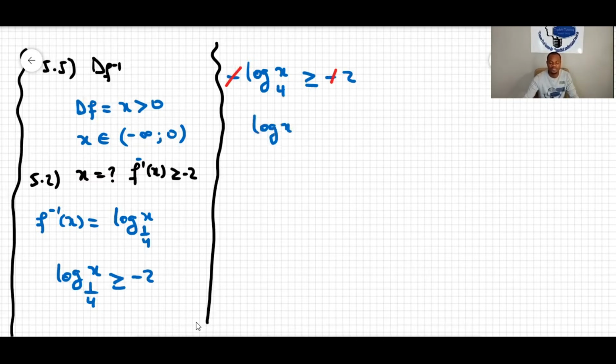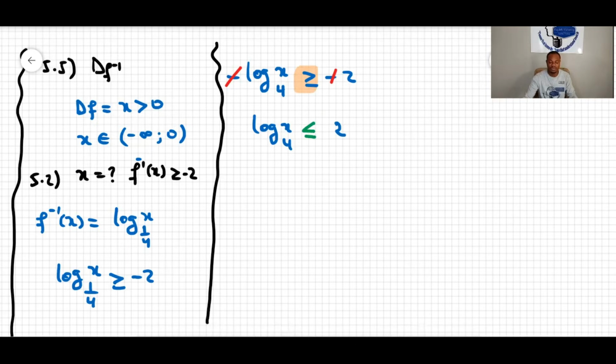Now it's going to be log of x base 4 with +2 there. When we multiply the inequality by a negative sign, the inequality changes also. So it's no longer greater than or equal to, but it becomes less than or equal to 2.